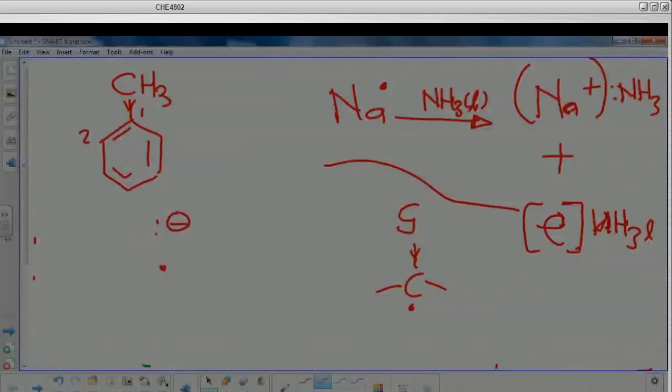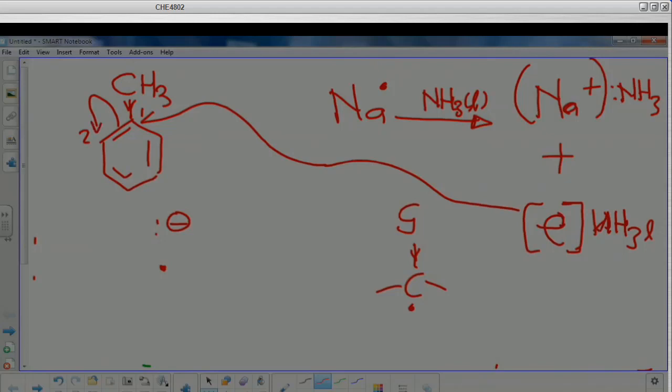Between carbon 1 and 2, where will you put the free radical? On 1, so that it is stabilized. Why? Because it has an electron donating group. So that is where this electron will go.